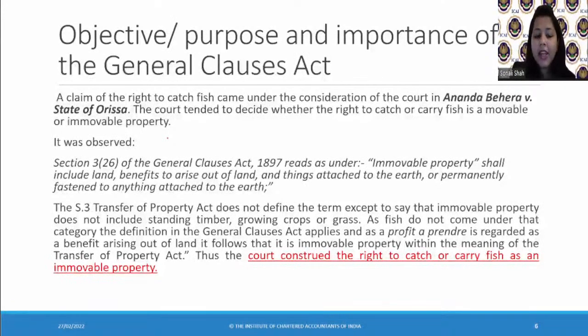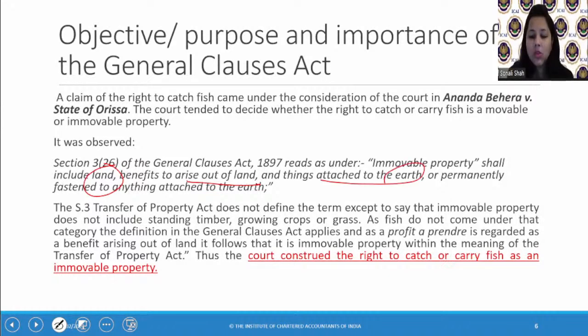Immovable property shall include land, benefits to arise out of land, things attached to the earth, or permanently fastened to anything attached to earth. So the courts, referring to this definition, said that since catching of fish is a profit arising from the land, it is a profit a prendre, it will be regarded as immovable property.